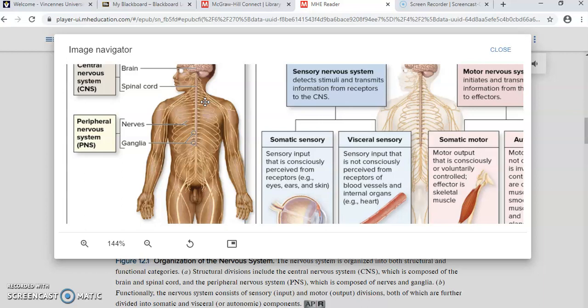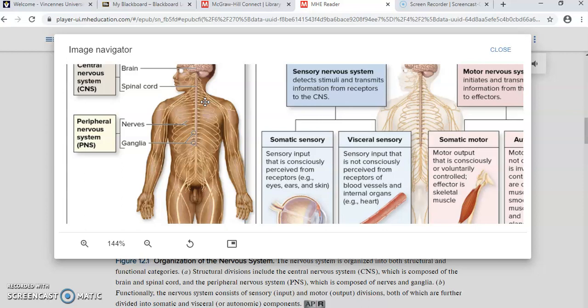And then the next function is what follows that collecting of information, and that is that the information that's collected is going to be sent to the brain and spinal cord, which is part of the central nervous system. The brain and spinal cord's function is to take all that information that's coming from the various parts of the body, and we say it's going to process it, evaluate it, integrate it all, and figure out what response needs to happen, if any response is necessary.